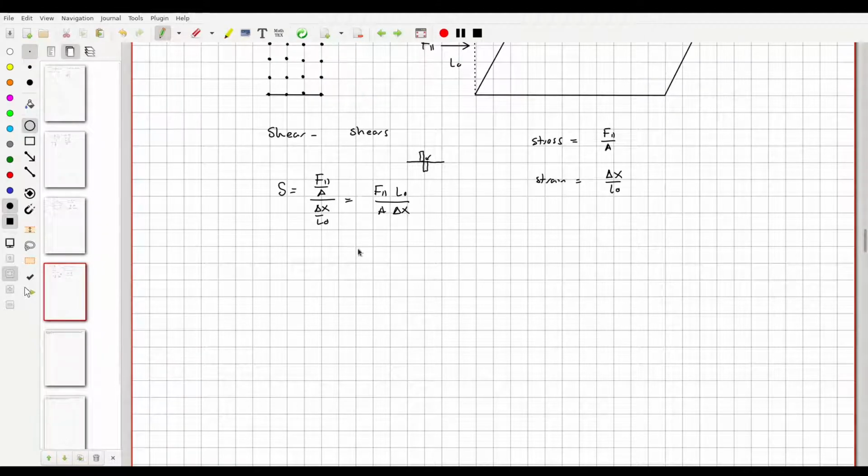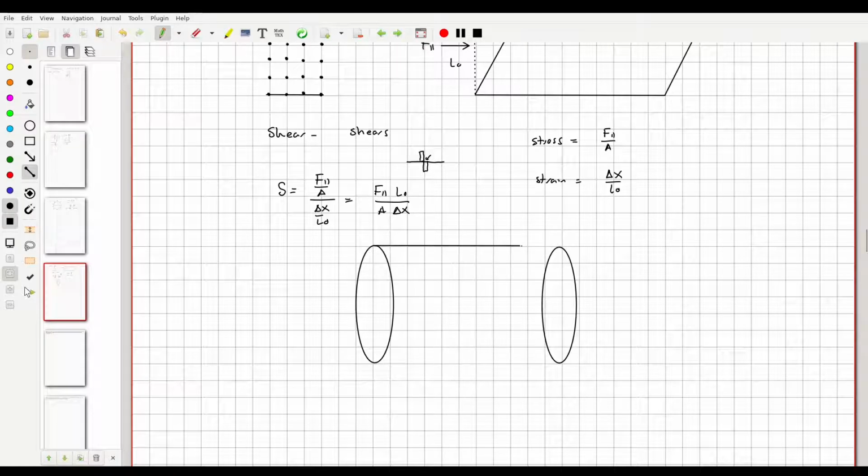But if you were to think of this as having substance, like this, for example, like think of a cylinder like that.